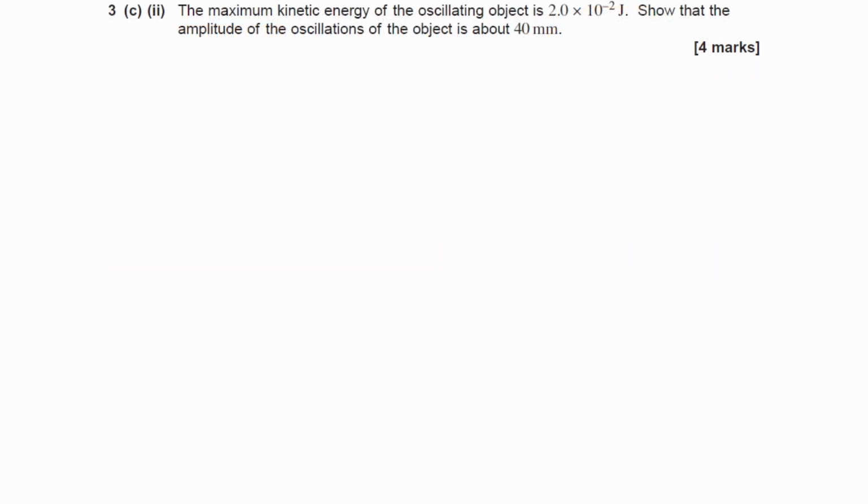And finally, for C part 2, the maximum kinetic energy of the oscillating object is 2 times 10 to the minus 2. Show that the amplitude of the oscillation is 40 millimeters. So maximum kinetic energy is equal to half m maximum speed squared.